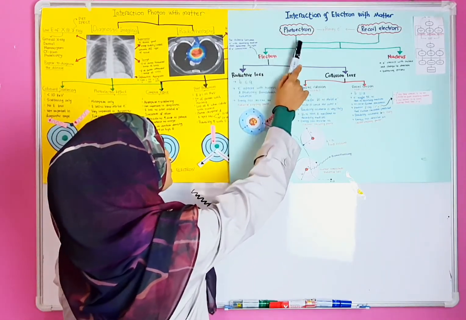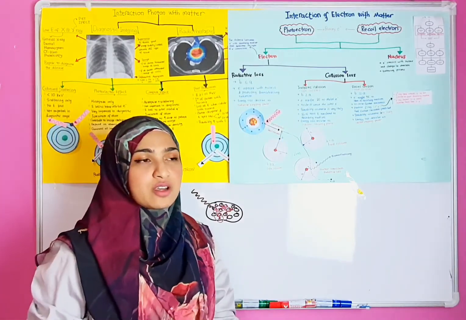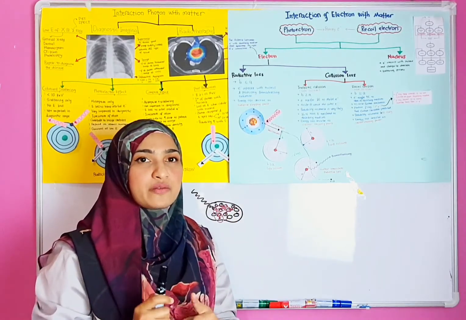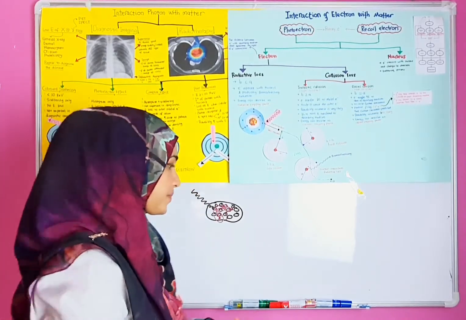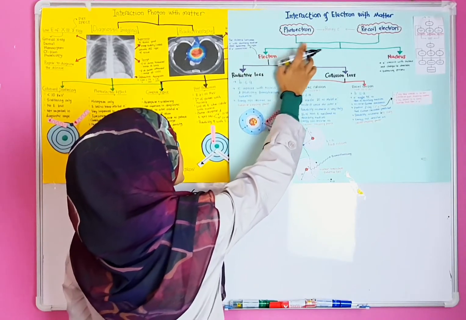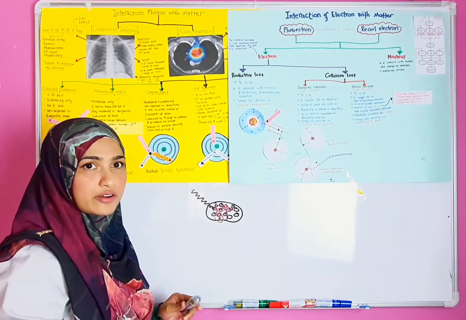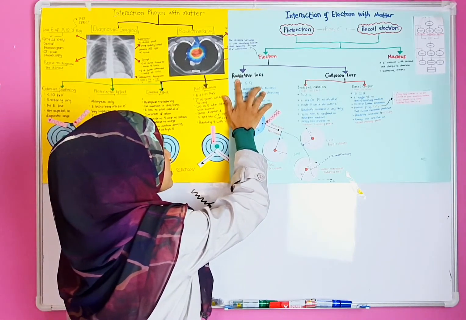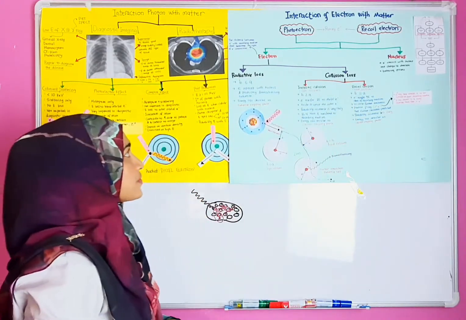Okay. So for interaction of electron with matter, the interaction can be of two kinds: either the electron interacts with electrons, or the electron interacts with the nucleus. For the photoelectron or recoil electron interacting with electrons, there are another two types of interaction: either the energy loss is radiative loss, or it is collision loss.